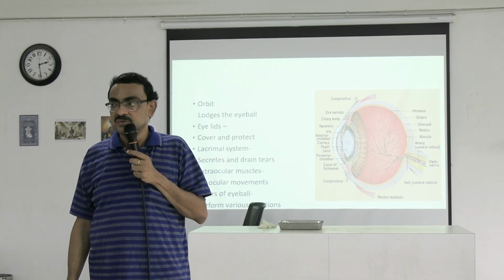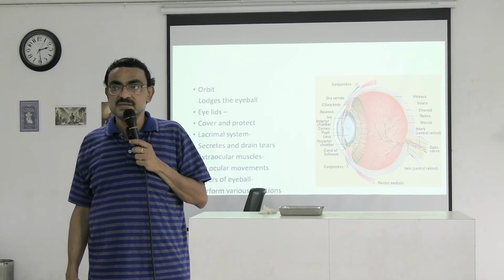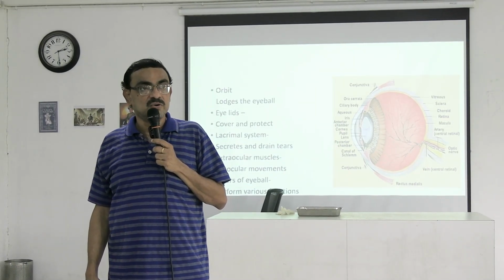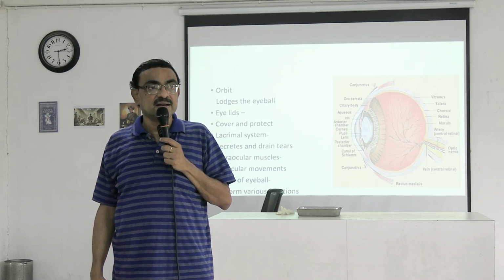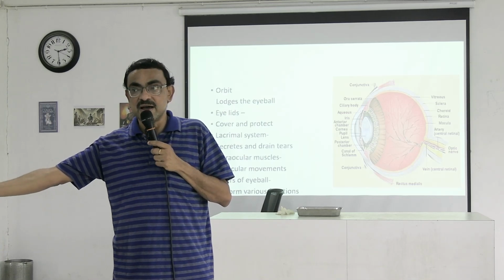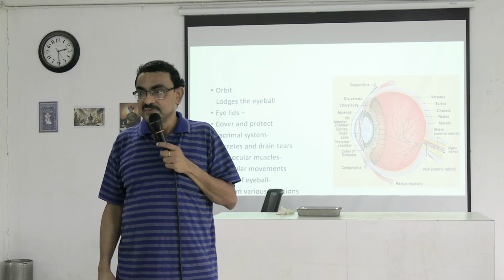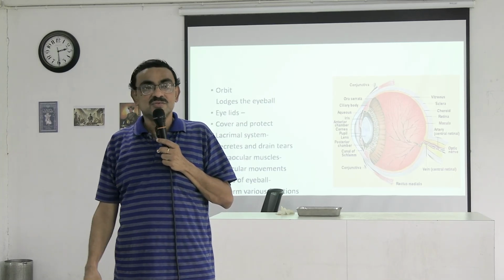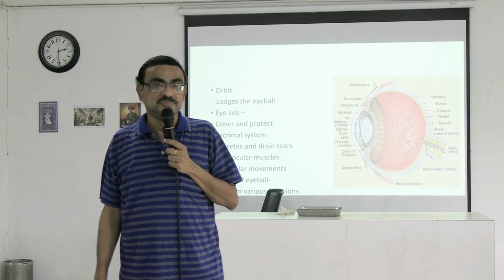And you know, most of the extraocular muscles are supplied by the oculomotor nerve, except lateral rectus by the sixth nerve, that is the abducens nerve, and superior oblique by the trochlear nerve.